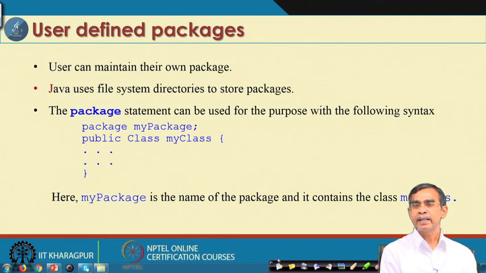So, a package can contain any number of class files, any number of Java files, there is no limit. Theoretically there is no limit, you can go on putting whatever you want, but one thing is that two classes having the same name are not allowed, because the latter one will overwrite the previous one. So, you have to be very careful.